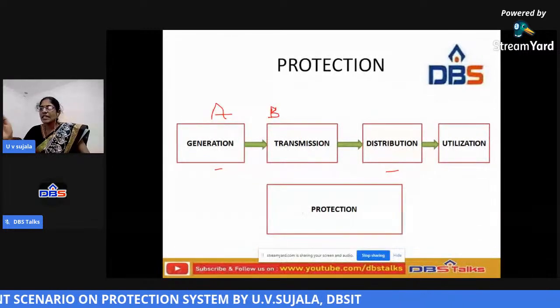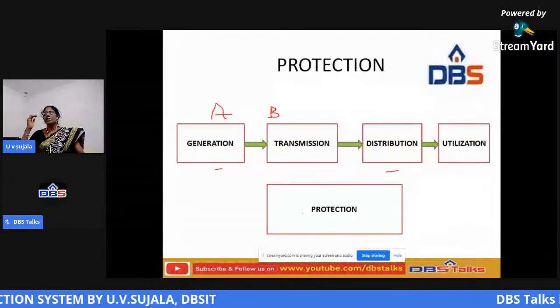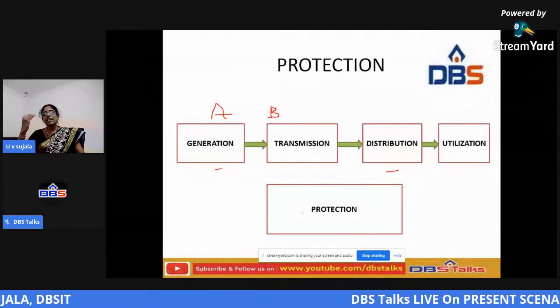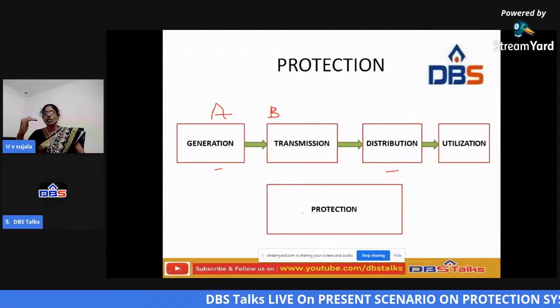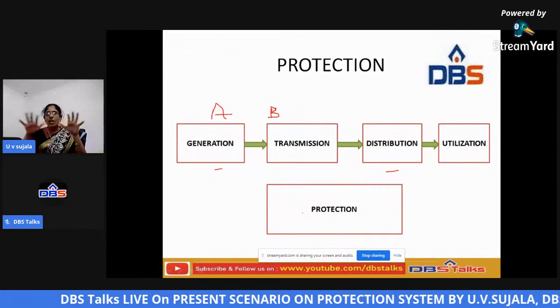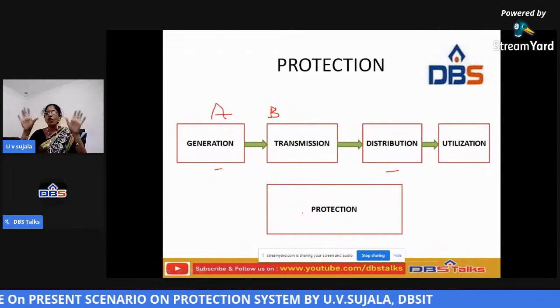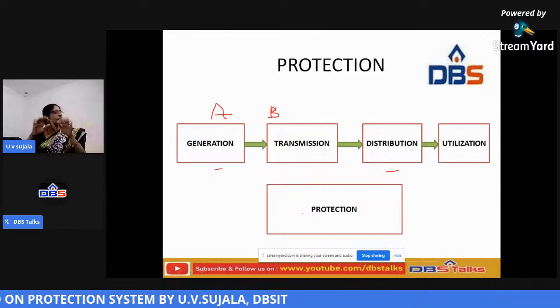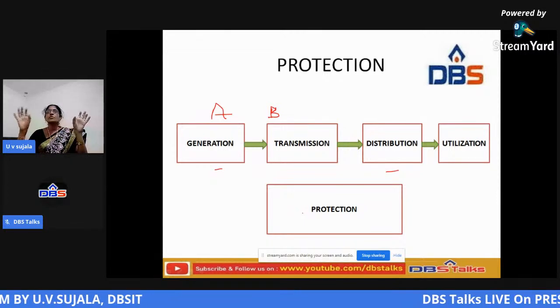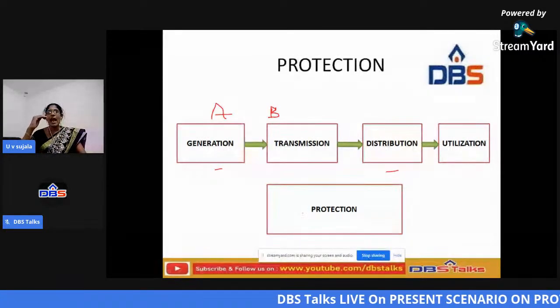The objective of the protection scheme is to keep the power system stable by isolating only the components that are under fault, leaving as much of the network as possible still in operation.